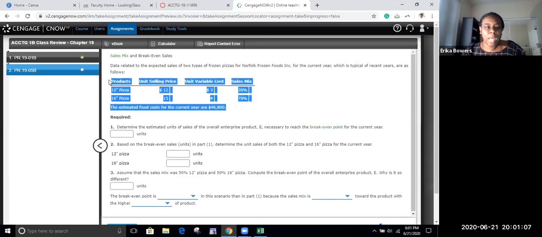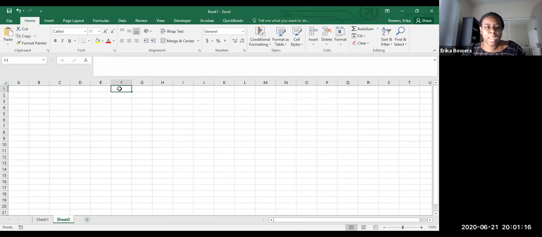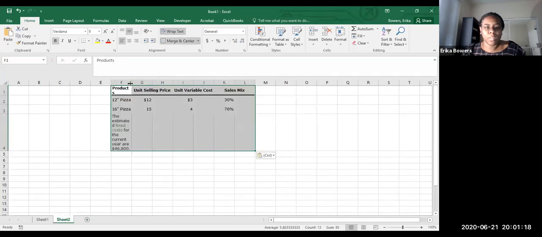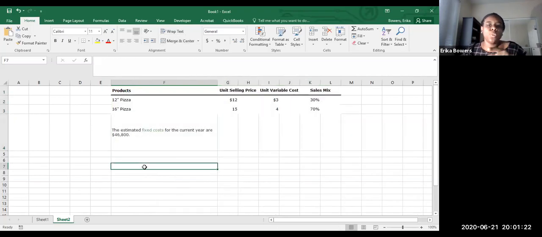I'm going to copy this information over to Excel so that we can work this out together. I'll create a new tab. We first have to determine what the enterprise unit selling price is, unit variable cost is, and the unit contribution margin.